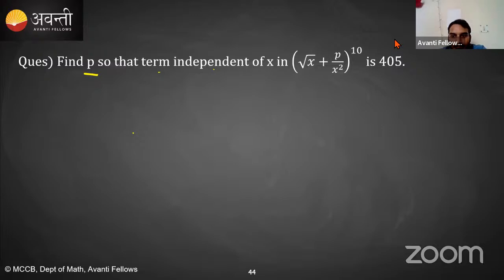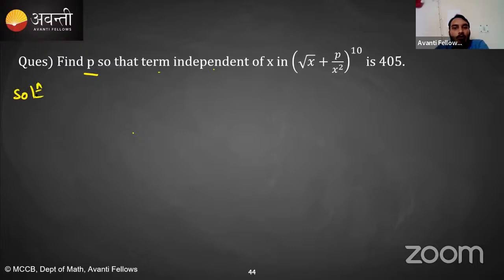What about Ganesh and Swapnil? Did you get the answer? Okay, then let me solve it. Someone says the value of p is 3. Mahesh, Namrata, are you saying the value of p is 3 or the third term is the independent one? I'm a little confused here. No problem, either way.